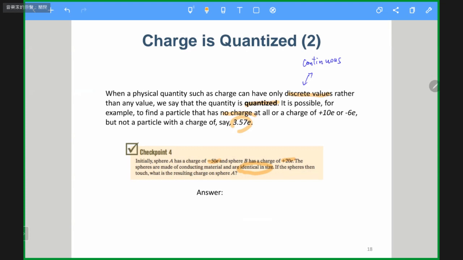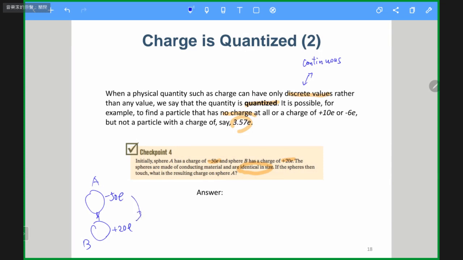To solve this simple checkpoint, first of all we need to know the total amount of charge. Sphere A has negative 50e, and sphere B has plus 20e. When they touch each other, the total amount of charge will equally separate between the two spheres.